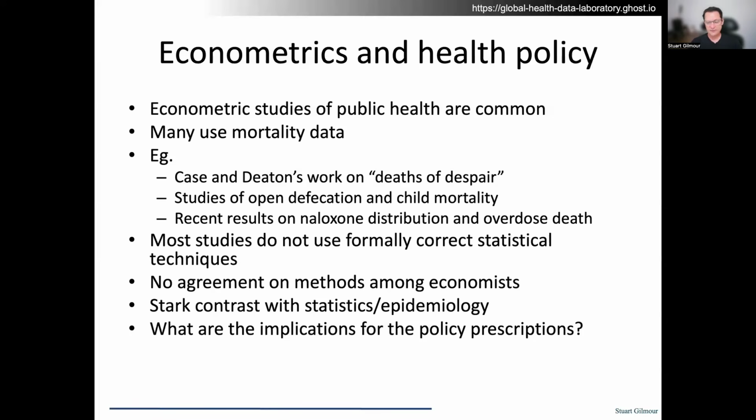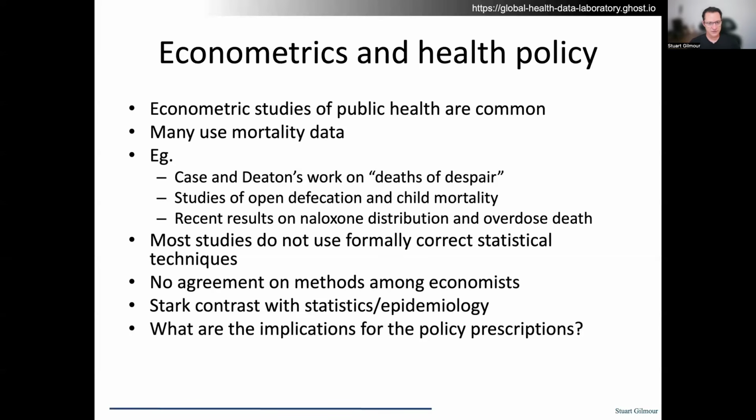So in every paper you see from an econometrician that looks at public health data and mortality data in particular, you'll see a different approach, a different way of defining the model, a different way of handling the response, and a different way of interpreting coefficients.